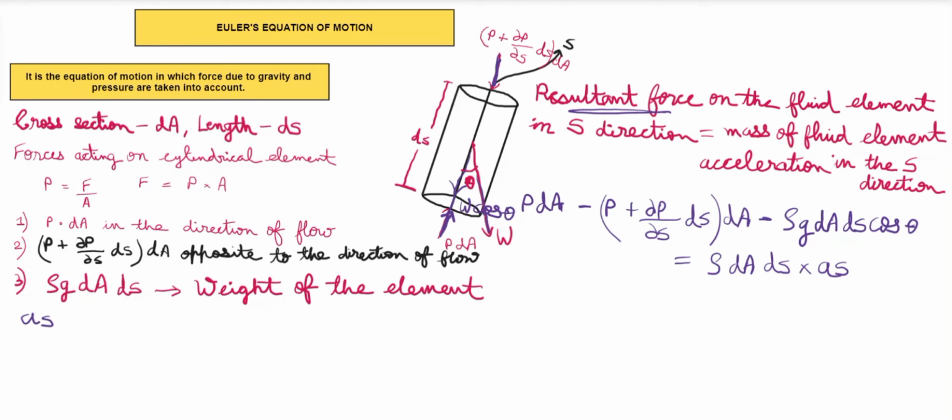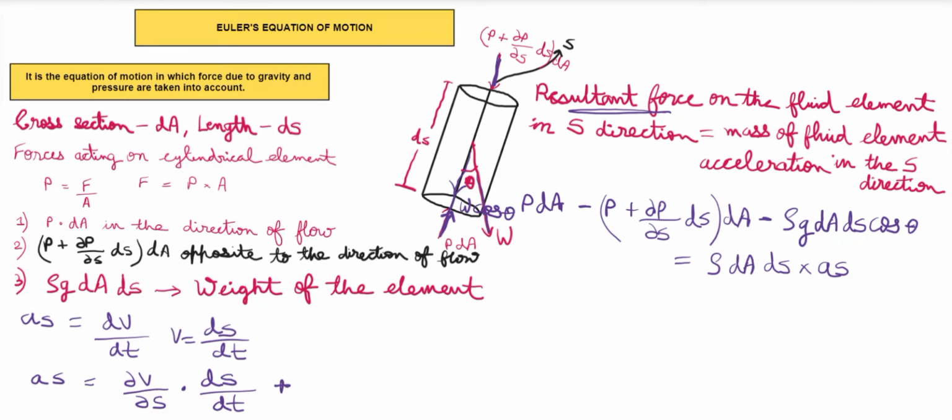Then we have the acceleration, which is equal to change in velocity with respect to time, which is dv by dt, and velocity is equal to distance upon time, which is ds upon dt, is equal to v. Now we'll write a_s in terms of v, s and t, which will be del v by del s into ds by dt plus del v by del t. We have taken the partial differentiation.